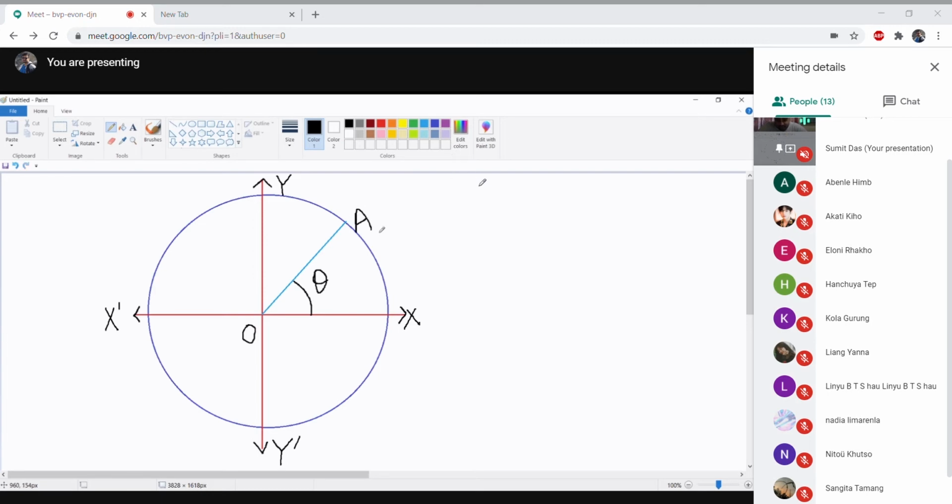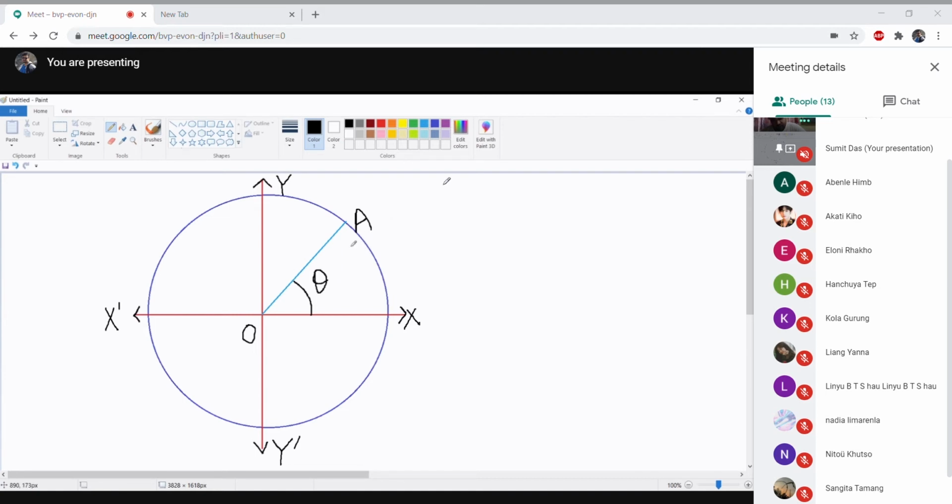So I hope you can see OA is the hypotenuse, right? Sorry, OA is the radius of the circle, and you know that this is the circle having the unit radius, right? That means the length of OA is 1 unit.